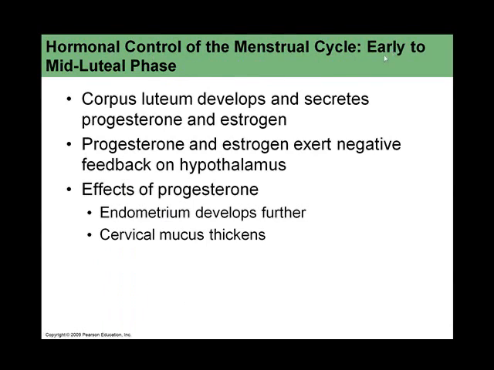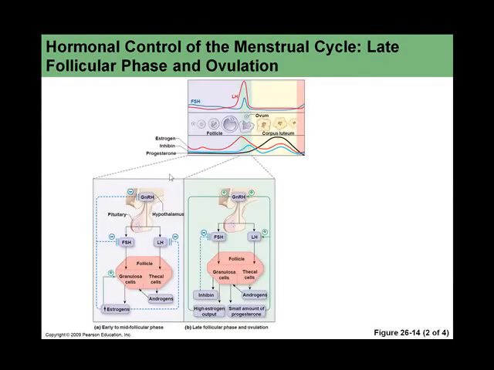So the hormonal control in the menstrual cycle, early to mid-luteal phase, is what we want to consider next. But let me back up just one point here. What we need to think about are two mechanisms interacting to begin to produce high levels of estrogen and shift to have more significant amounts of progesterone being produced, such that they can contribute to a plasma concentration of progesterone that's detectably higher.